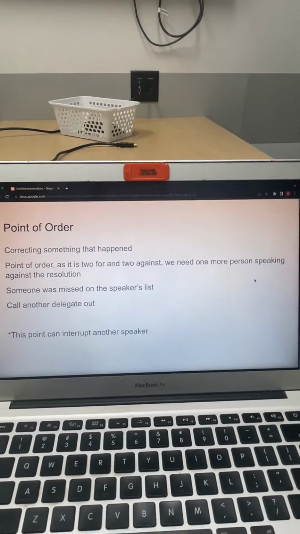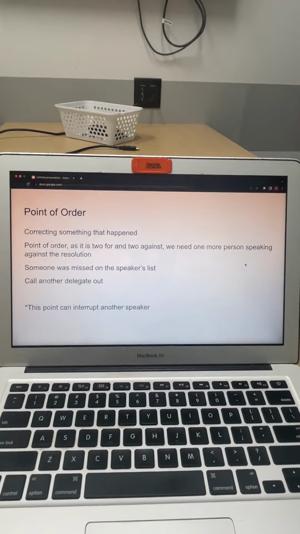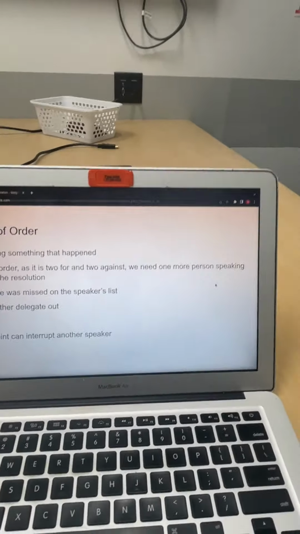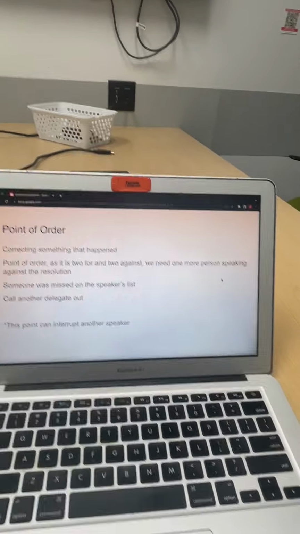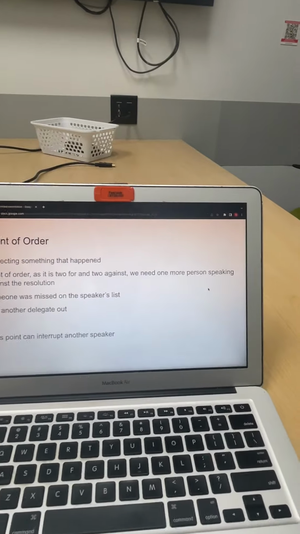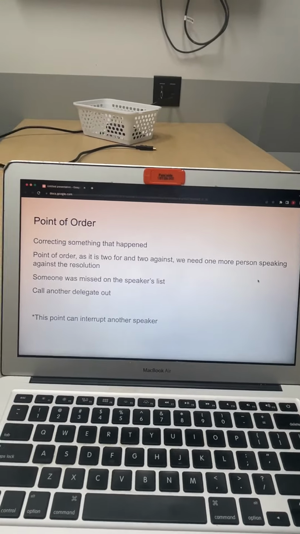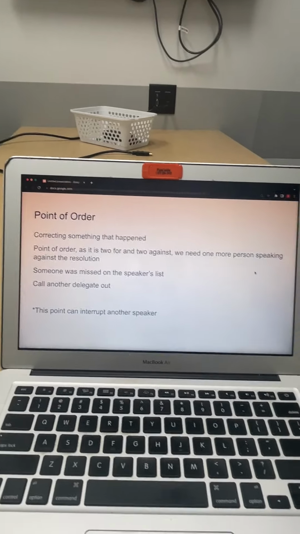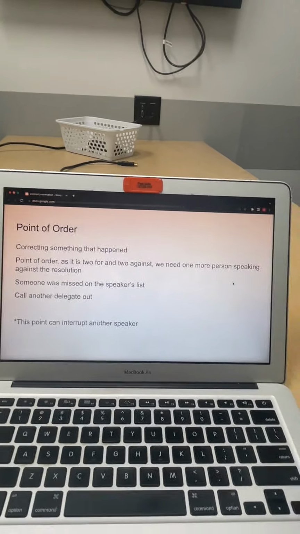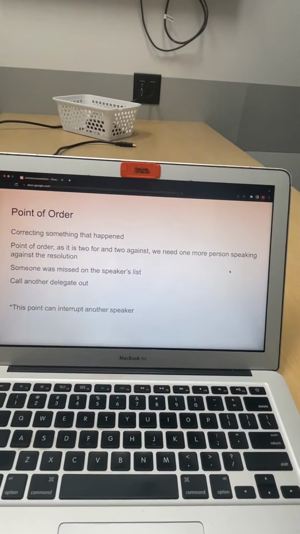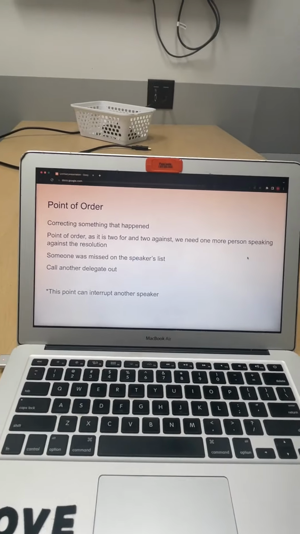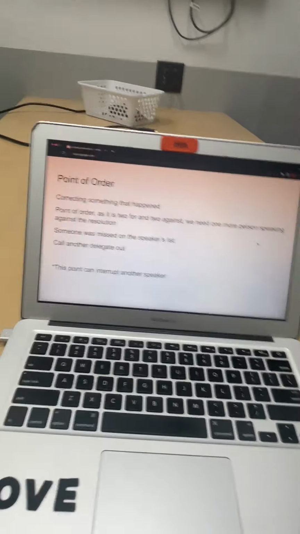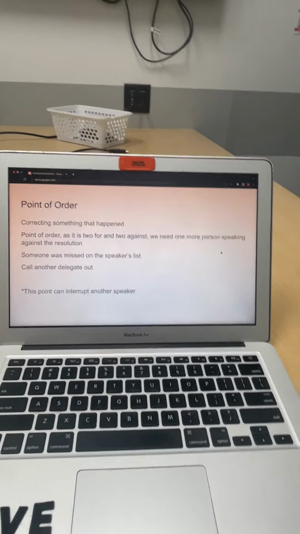So this is to help correct something that happened. So say, for example, there's 2 for and 2 against, which we will go over during the next meeting, but you need 2 people who are for the motion and for the resolution and 2 people who are against that. If you only have 2 people for the resolution and 1 person against, you'll need another person. And so you have to call the chair out and tell them, hey, we need another person to make sure that this is going well, or then we can't actually do this action.